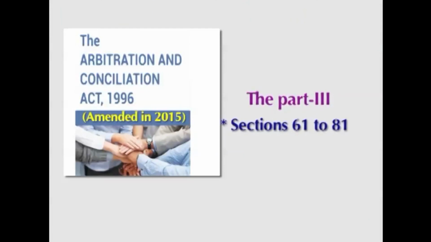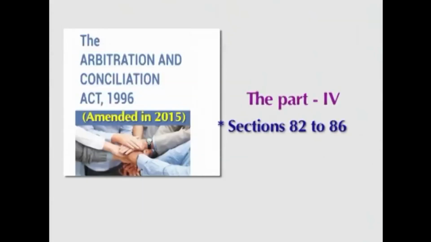It consists of sections 61 to 81 dealing with commencement, conduct and termination of conciliation proceedings, conciliation settlement agreement and also the role of conciliator. Part 4 comprising sections 82 to 86 contains the supplementary provisions of giving effect to the provisions of the Act.